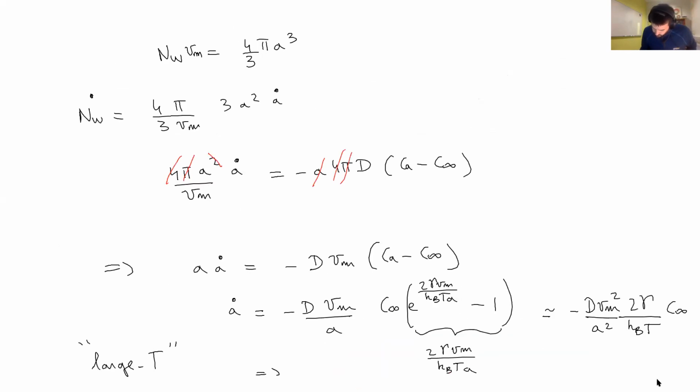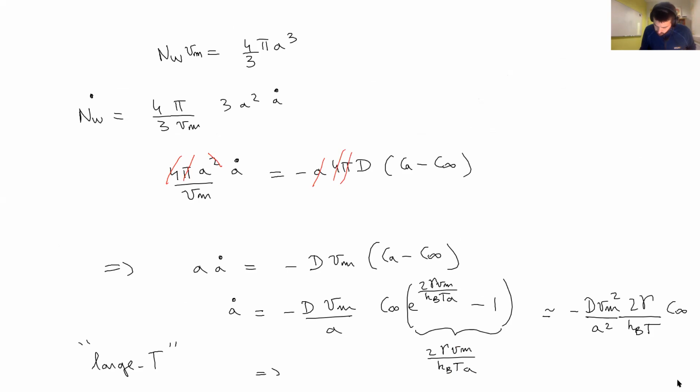Let me come back to it. That is this one, and I will just copy paste it. So it's the same, but simply now you not only have a destabilizing surface tension term, you will have in addition a stabilizing osmotic term. Let me write it.